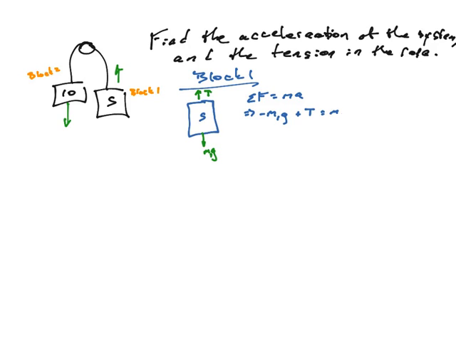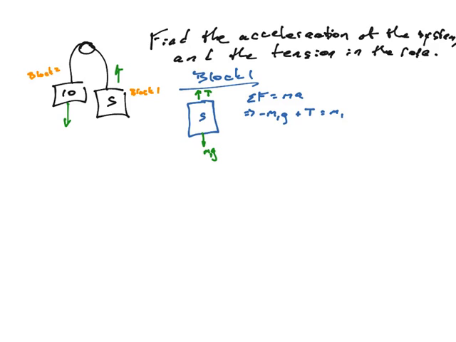His m is m1. What's his acceleration? Well, I don't know A, but is he upwards or is he downwards? That is, I can look at the system and I can tell, will block 1 move down or will he move up? Since block 1 weighs less than block 2, block 2 will move down and block 1 will move up.